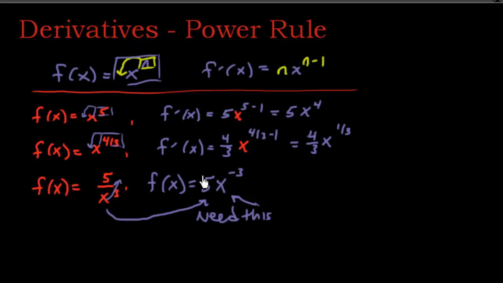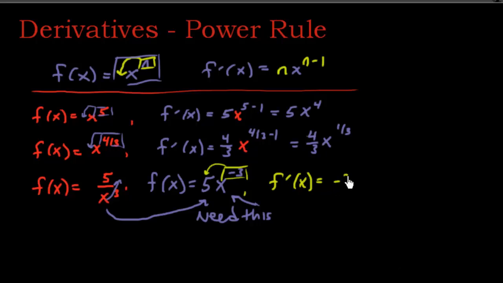So let's go ahead now and find the derivative. So I have a 5 out front. That's just a constant coefficient. It's not a big deal. So you're still going to take that -3 and bring it down front.